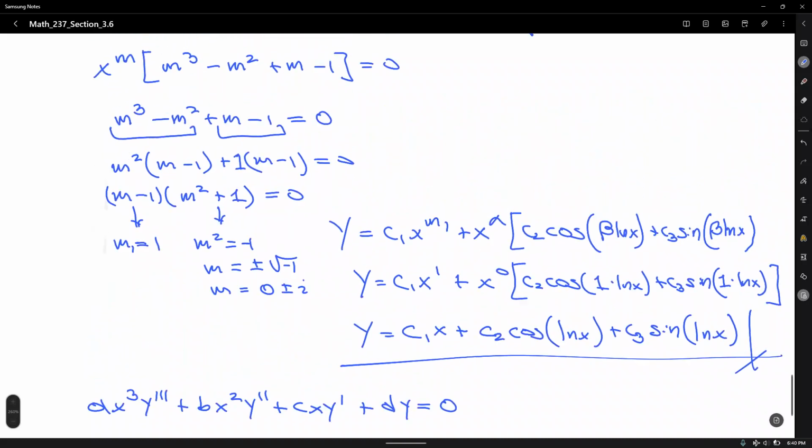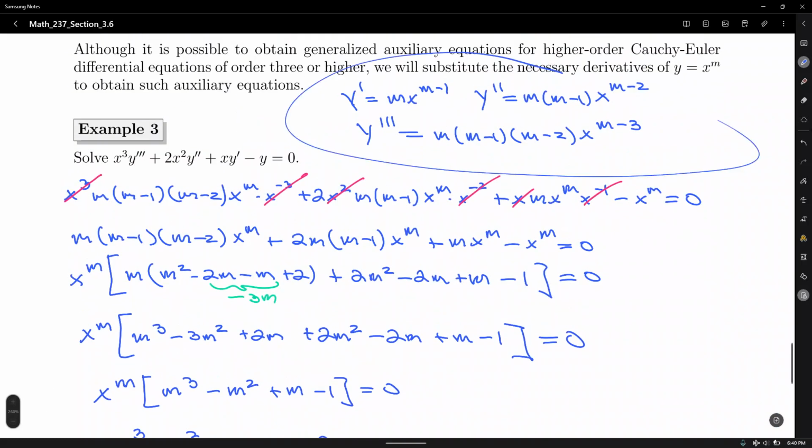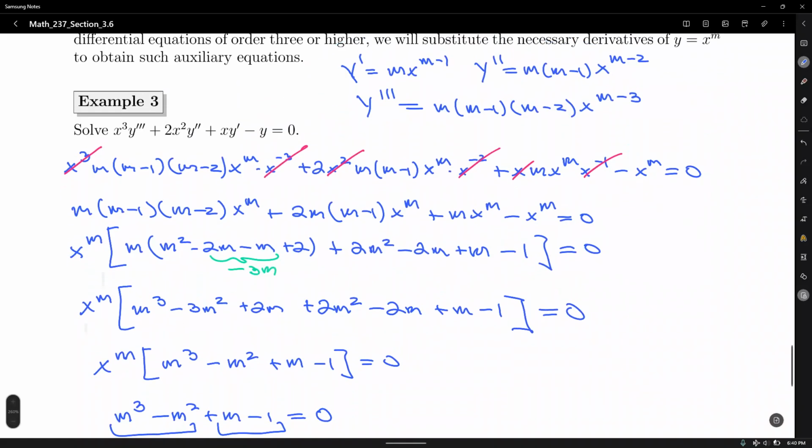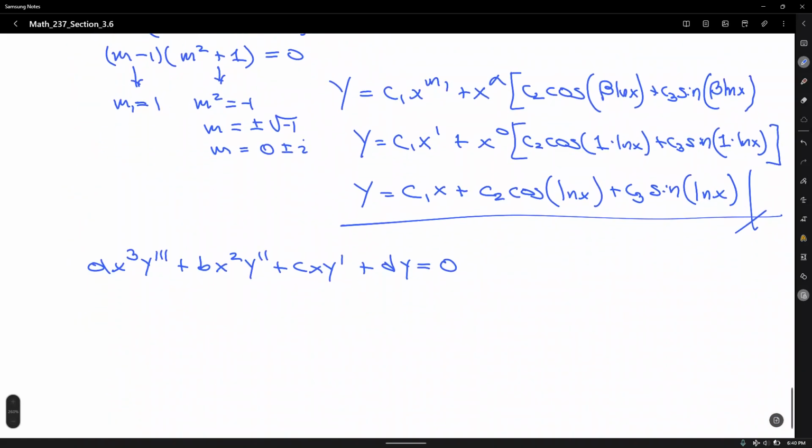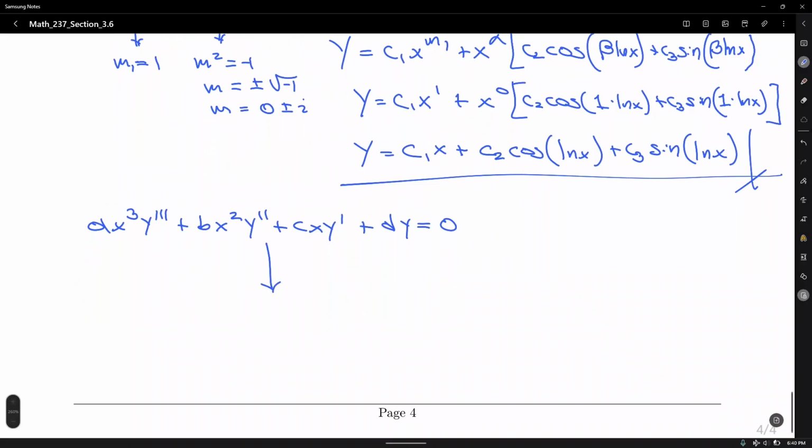If you substitute these derivatives in a similar way to what we did over here, you should get the following auxiliary or characteristic equation: a m cubed plus quantity b minus 3a times m squared plus quantity 2a minus b plus c times m plus d equals 0.